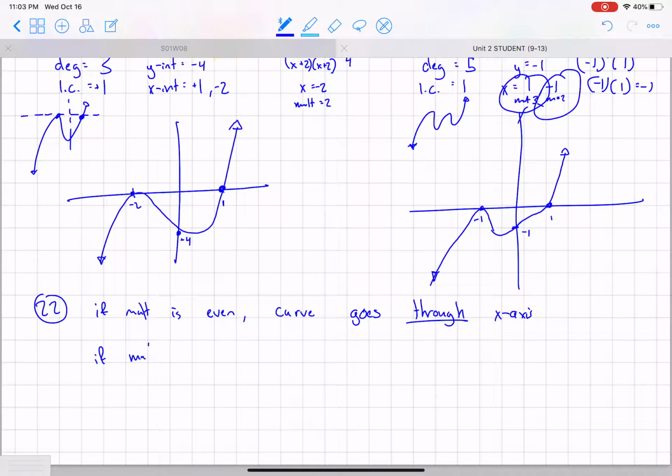If the multiplicity is odd, the curve goes through the x-axis. And remember, multiplicity just means the degree on the factor.